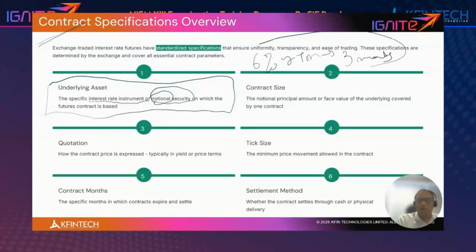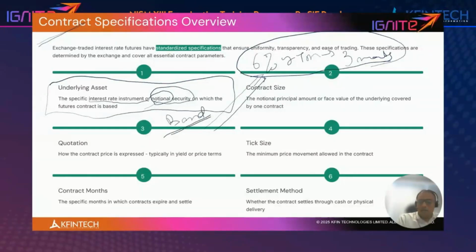Suppose there is no bond which matches this kind of contract. So this becomes a notional or virtual security, and at the time of settlement, from the basket of securities which are available, the seller can deliver any security which closely matches these terms. So the underlying asset could be a bond or a notional bond.